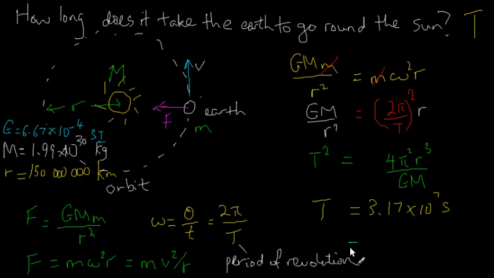In order to convert from seconds to years, first I need to divide this by 60 to get minutes, then divide by 60 to get hours, and then divide by 24 to get days.